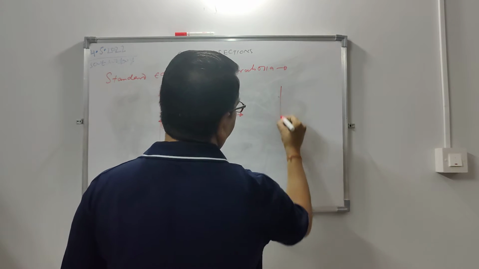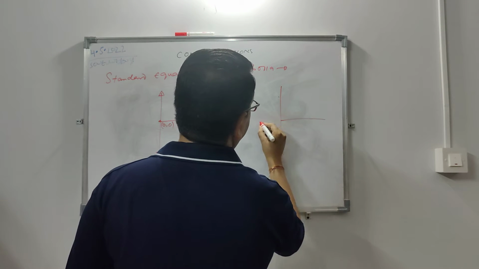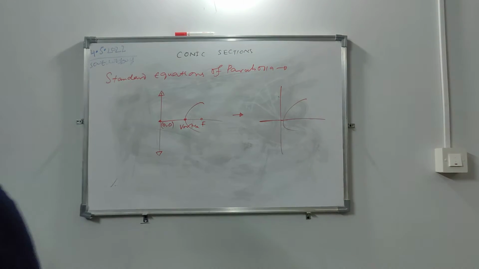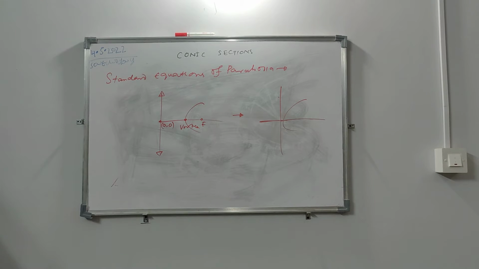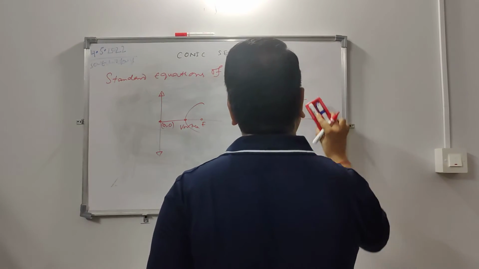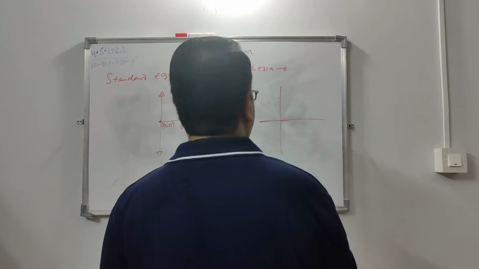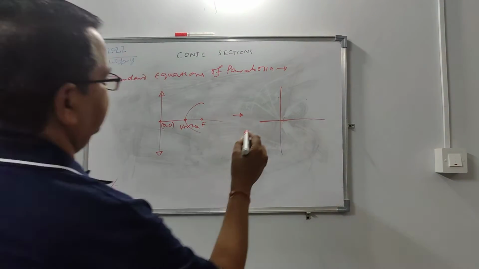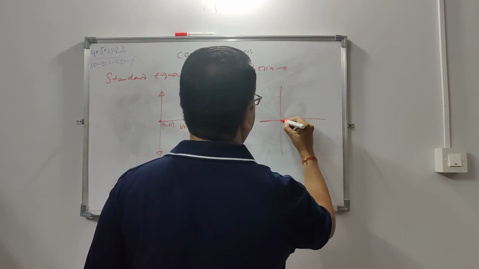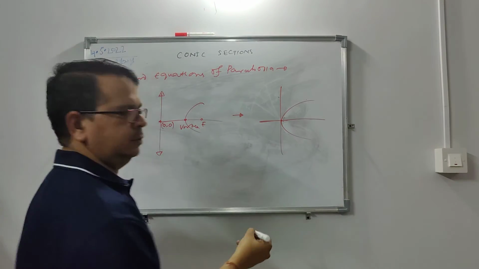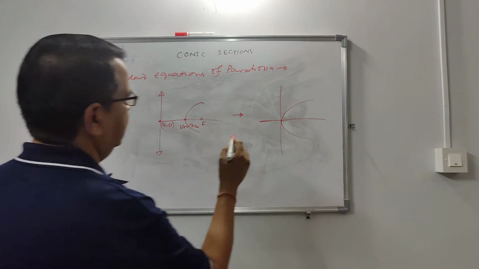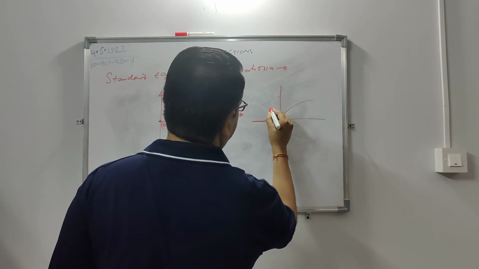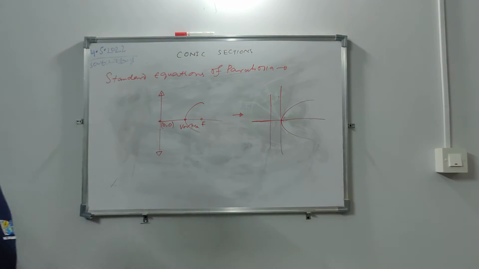If my vertex is at origin, so in this case its directrix will be somewhere here.